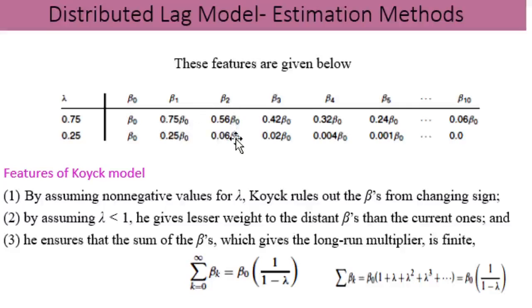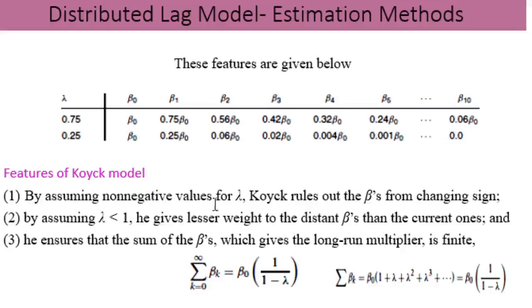Here the lag is 2, therefore this is beta 0 lambda raised to 2, or beta 0 into 0.75 raised to 2. Then this will be beta 0 lambda raised to 3, and beta 0 into 0.75 raised to 3. It declines geometrically. Here also, lambda is assumed as 0.25. The geometric decline is given.